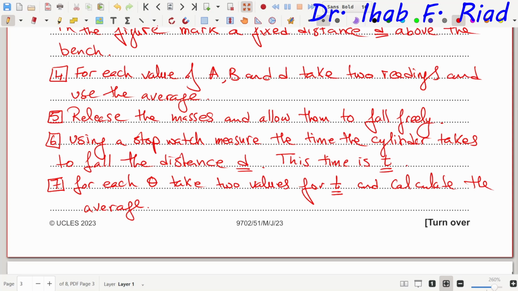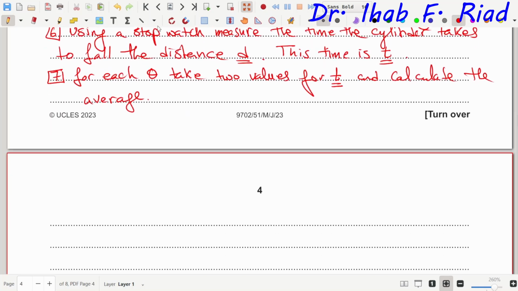So for each value of theta, we take two values of t. We repeat the same measurement twice. Then we calculate the average to be t, and then we are going to put it in the table.